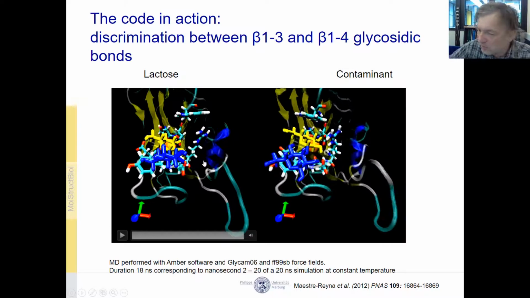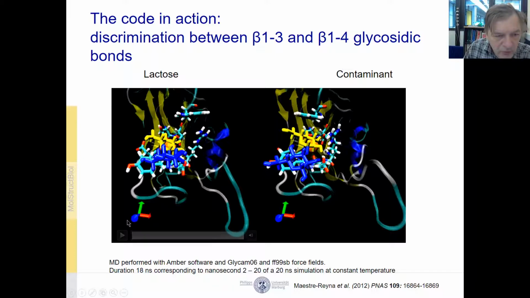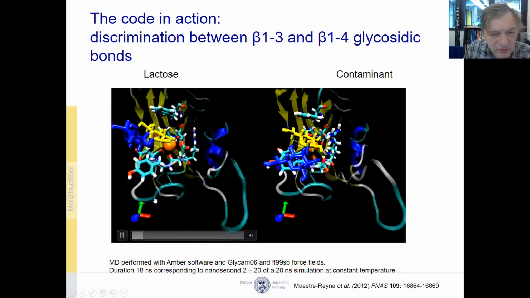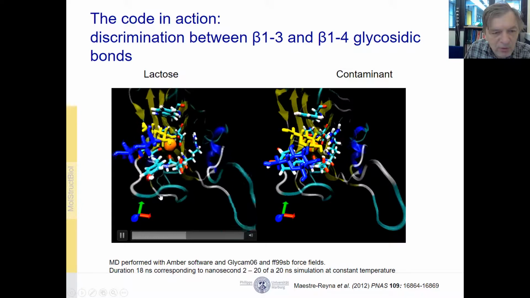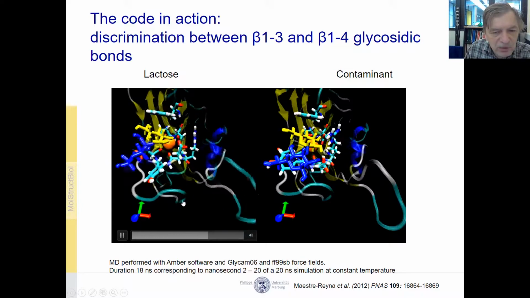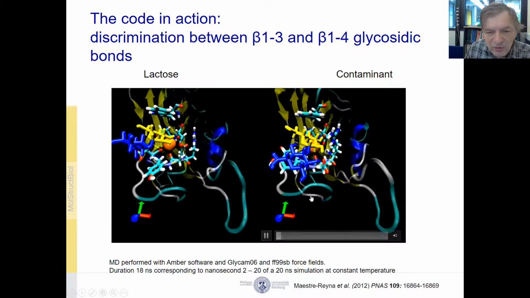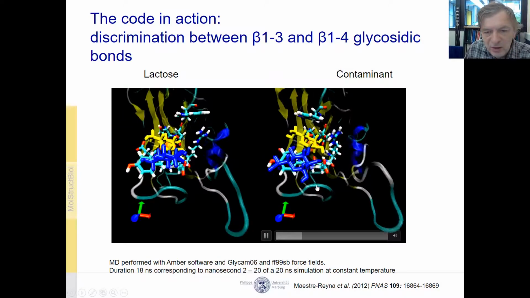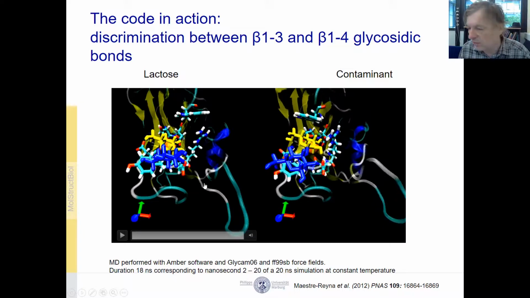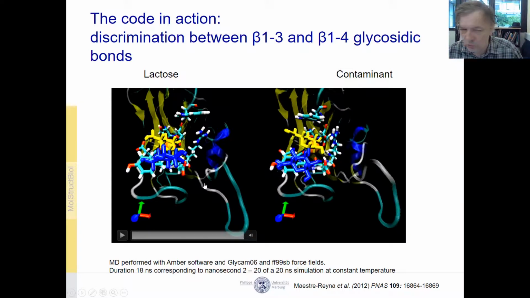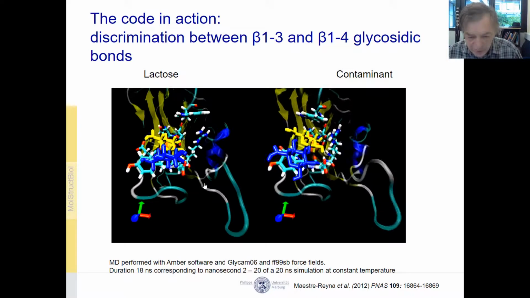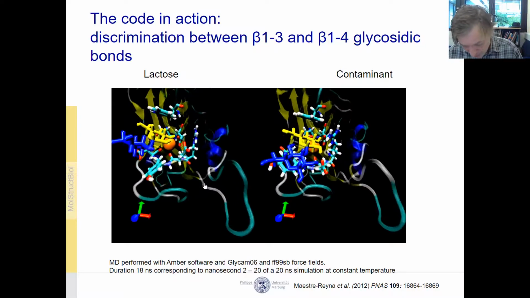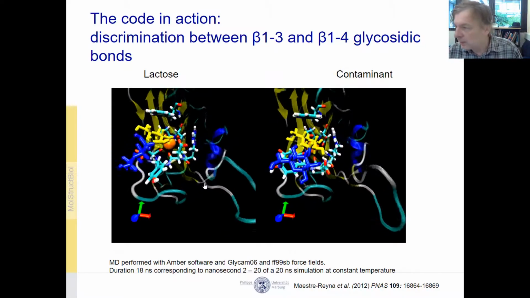And that has an effect, because when you look at the movie here on the left-hand side, again, you see that because this one is more mobile, everything else is also more mobile, also this loop region below it, whereas in the other case, everything is tightly packed. So that was the reason why it crystallized and not the other complex. Also in solution, the other complex probably had a higher concentration than the wrong one. Okay, now we have seen it enough.